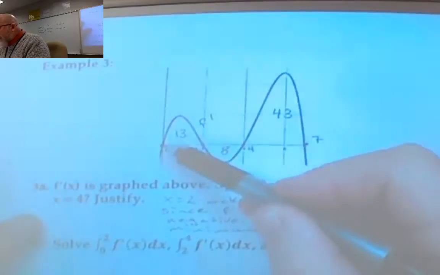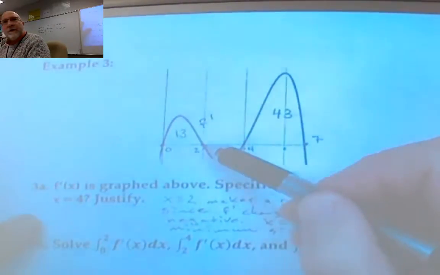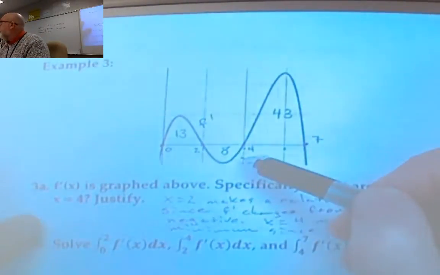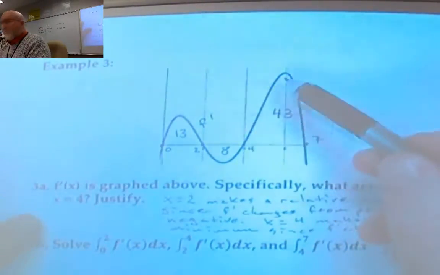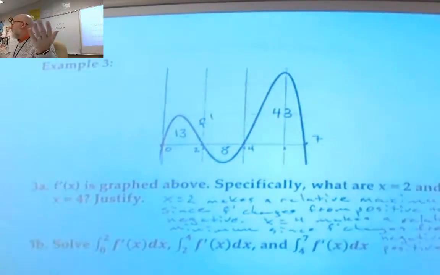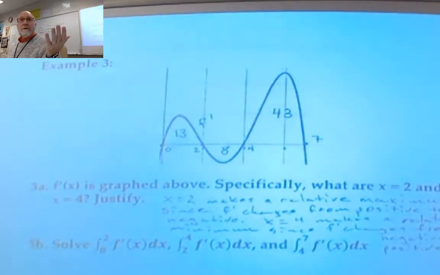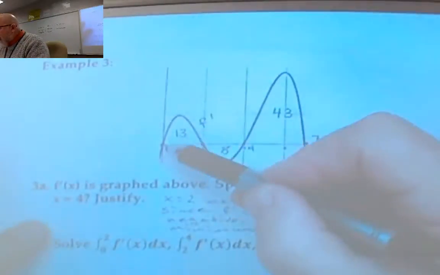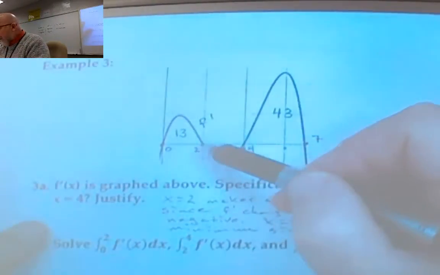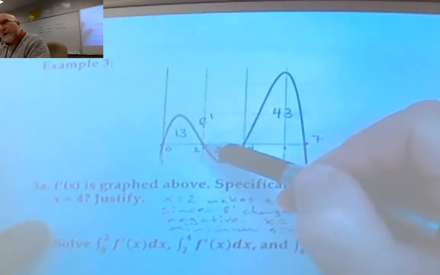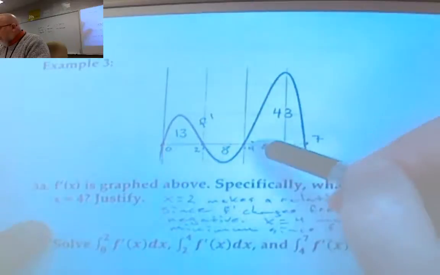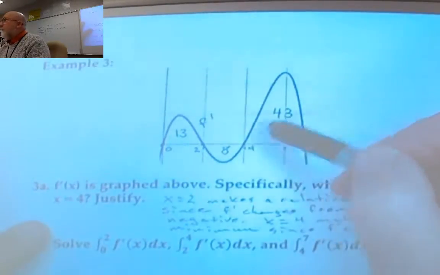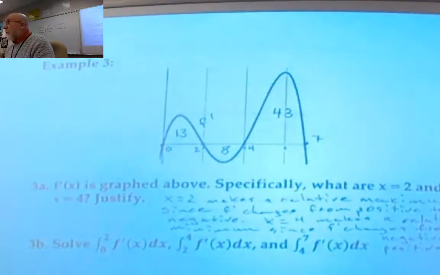So this means f is increasing, turns around at 2, and decreases, then turns around at 4 and increases till 7. Would you agree? I'll say it again. f increases because f prime is positive, turns around at 2, decreases, turns around at 4, and increases. That's what we learned earlier, correct?